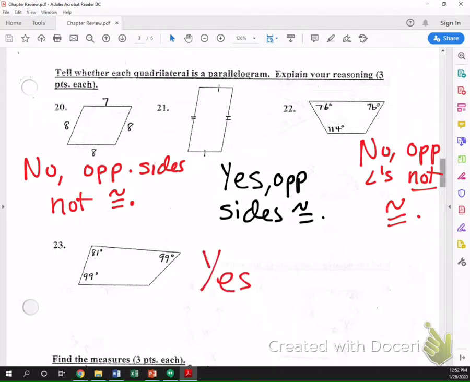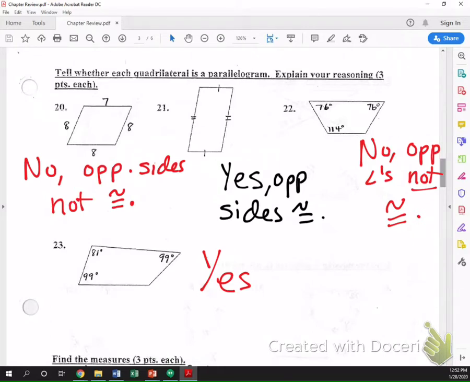So I've heard some yeses, I've heard some no's. Can anyone defend one of the reasons? Consecutive angles are congruent, opposite sides. Wait, you're on the right track. Opposite angles are congruent, and consecutive angles are supplementary.